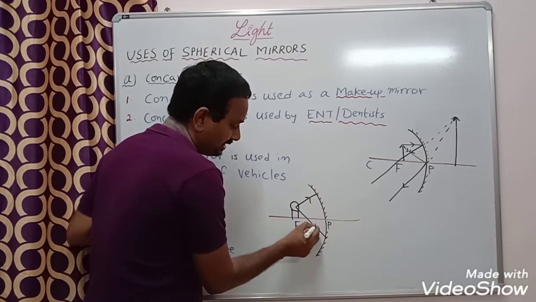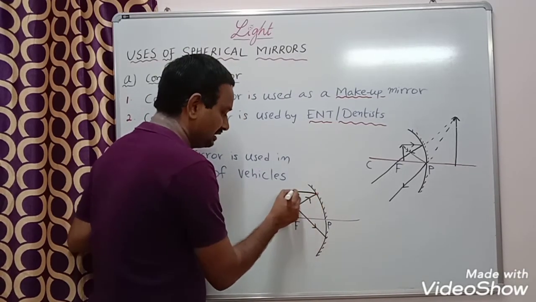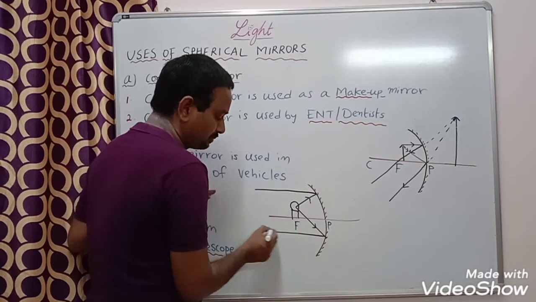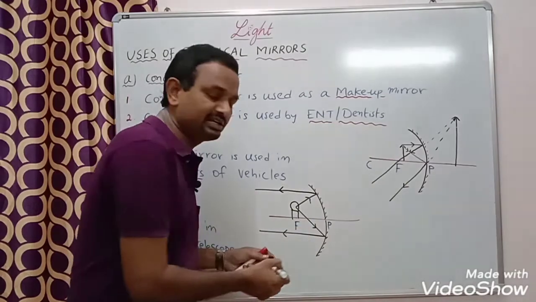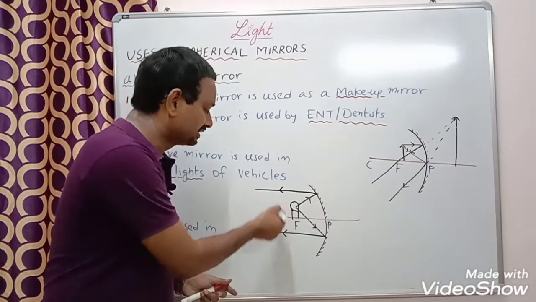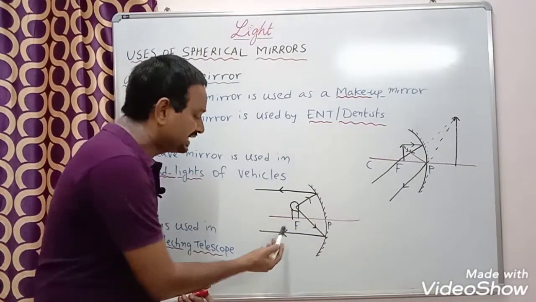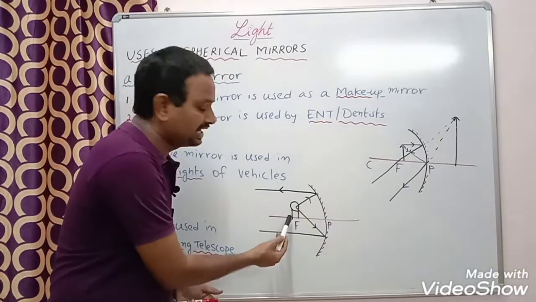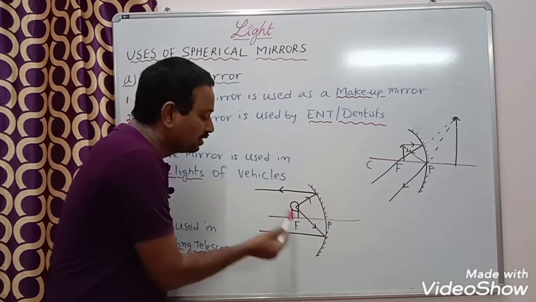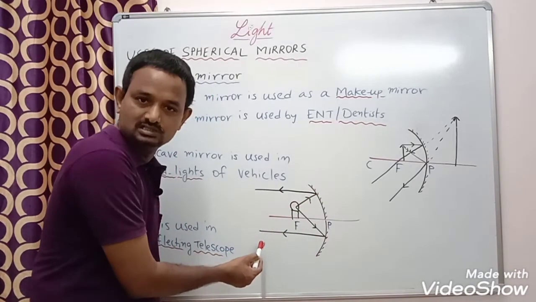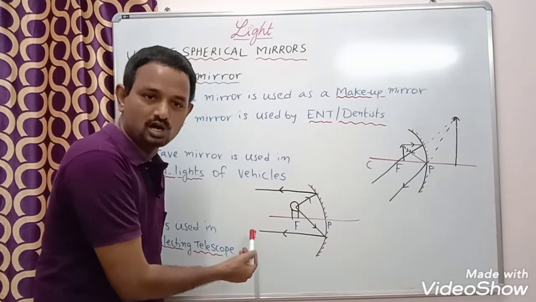After reflection, they will go parallel to the principal axis. Due to that, driver can see a longer path. So here we kept bulb at focus. When light ray passes through focus, after reflection they will go parallel to the principal axis. So driver can see a longer path.